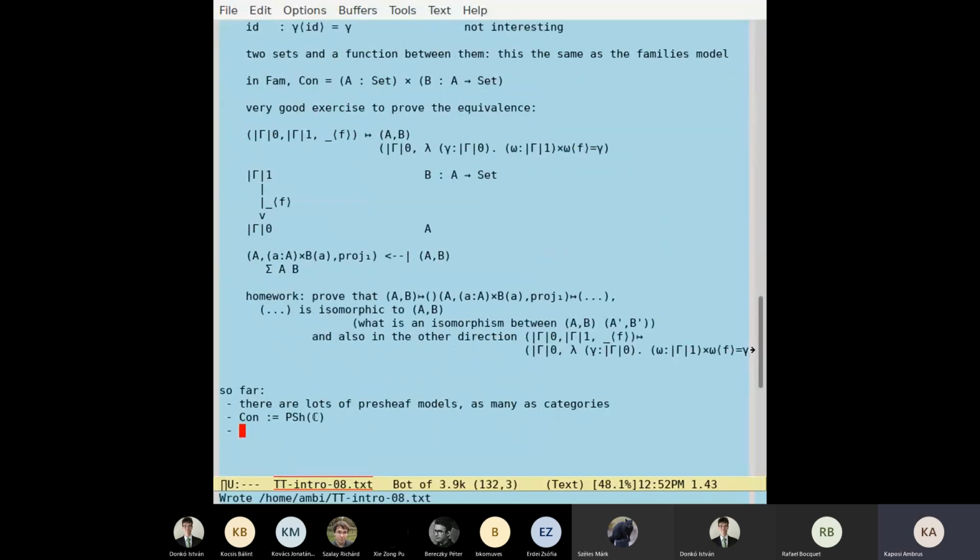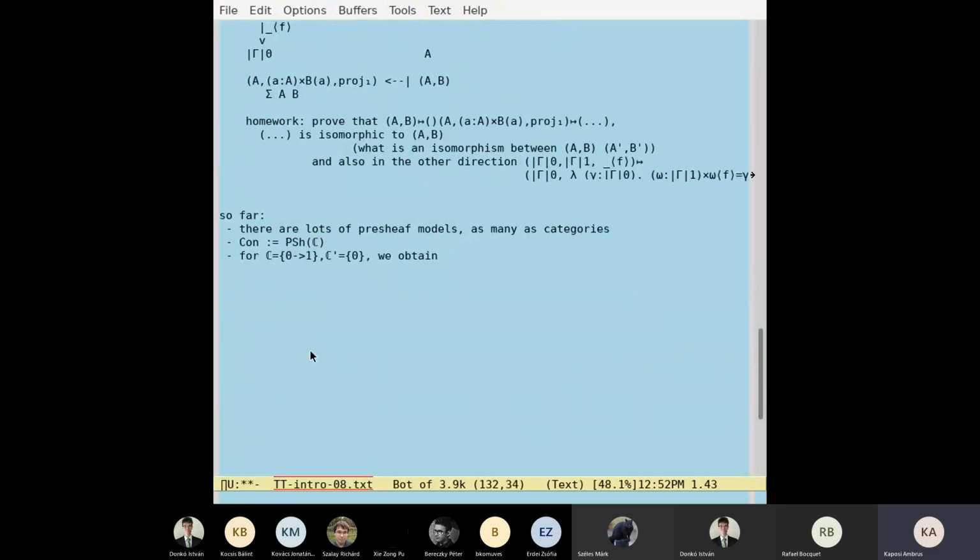Then we checked that for C and C prime, the two object category with one morphism between them, and for the zero object category, we obtain the same as in the families and standard model.